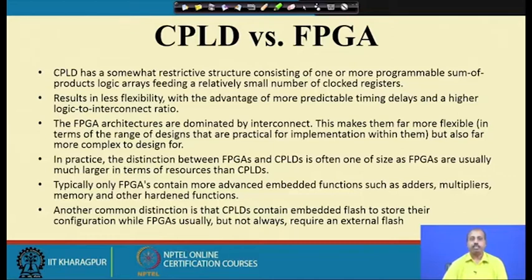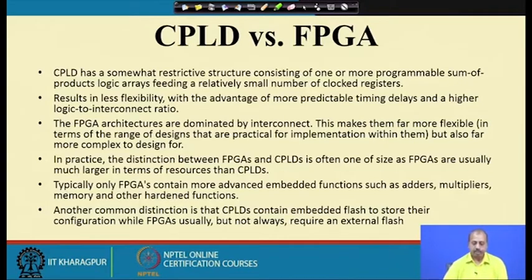Whereas, in case of FPGAs, in many FPGAs you will find that it will require an external flash. So, whenever you power on the FPGA chip or you give a reset, it will load the program from the external flash into an internal RAM, and then it will start operating in that fashion.